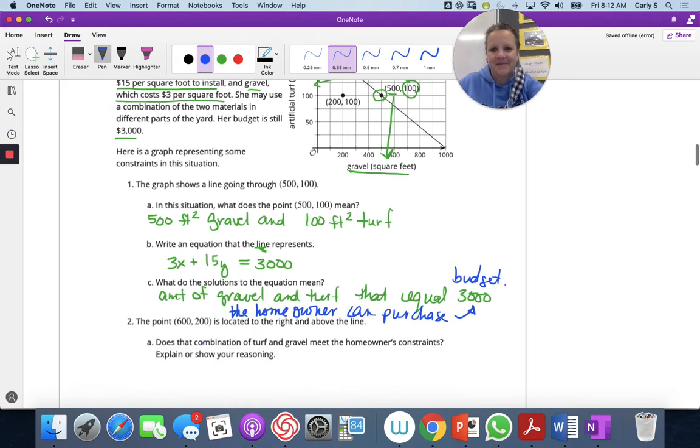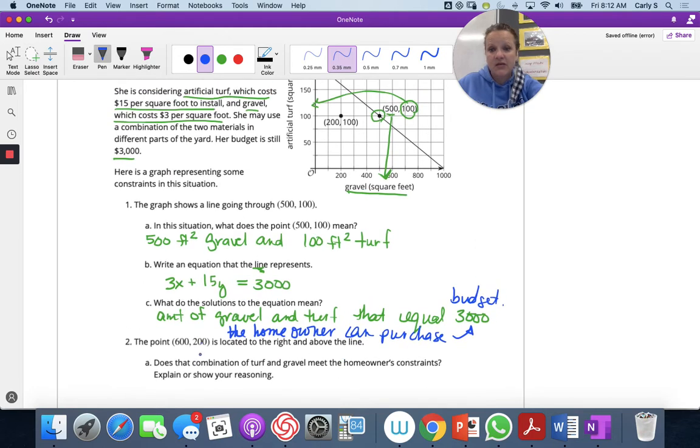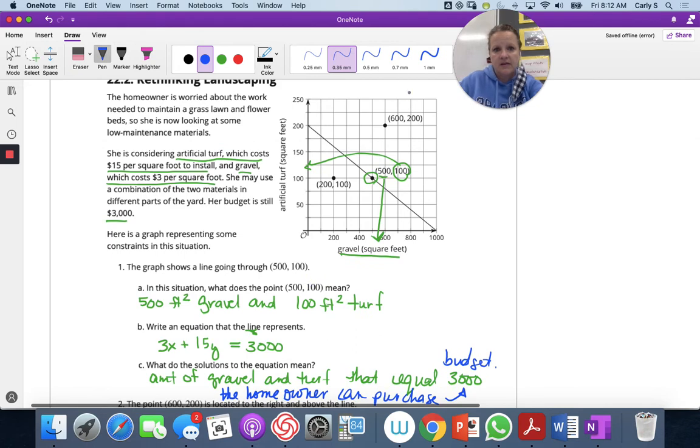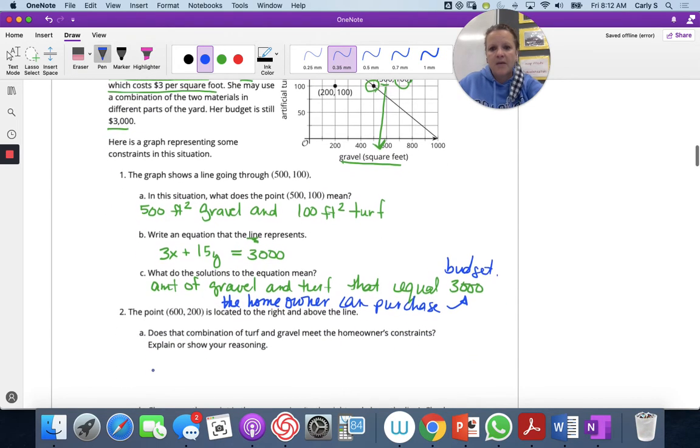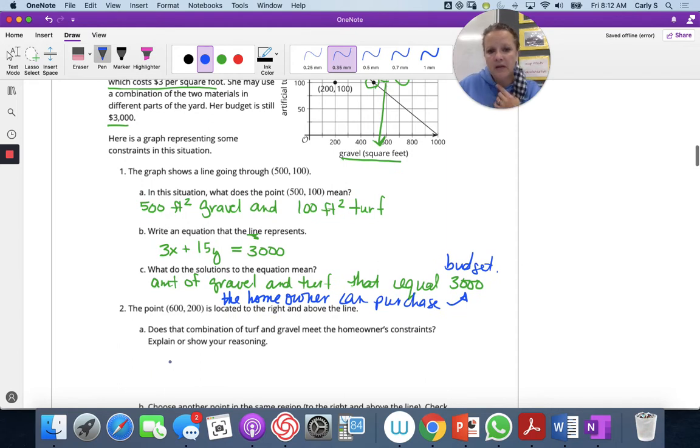Okay? The point 600, 200 is located right and above the line. So that's this one, 600, 200. Does that combination of turf and gravel meet the homeowner's constraints? Explain or show your reasoning. So it was 600, 200. So 3 times 600 plus 15 times 200. That has to be within the budget.